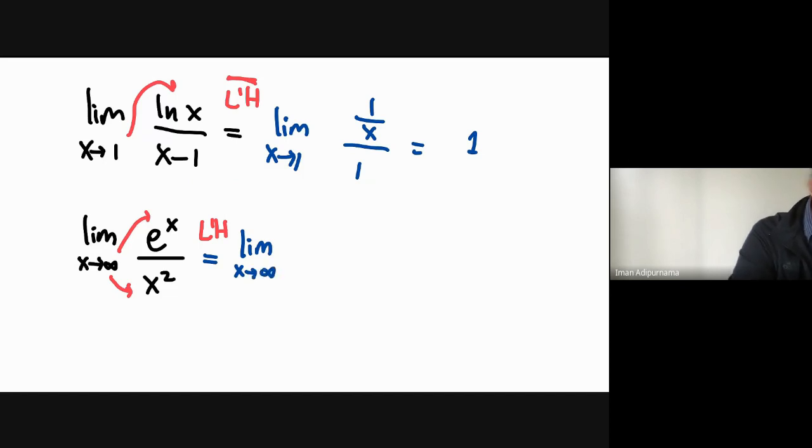The derivative of e to the x is just e to the x, and this will be 2x. Still infinity over infinity. Do the L'Hopital again.